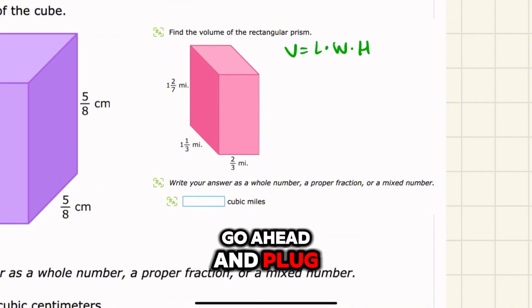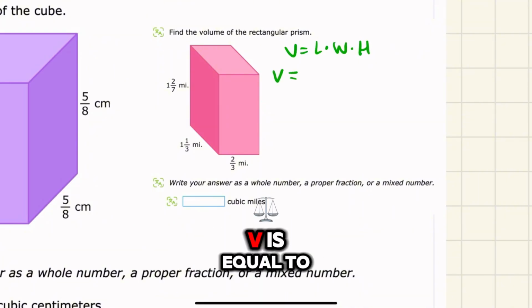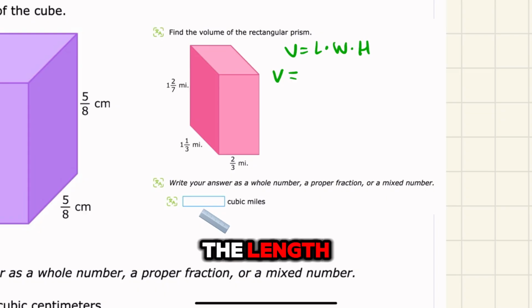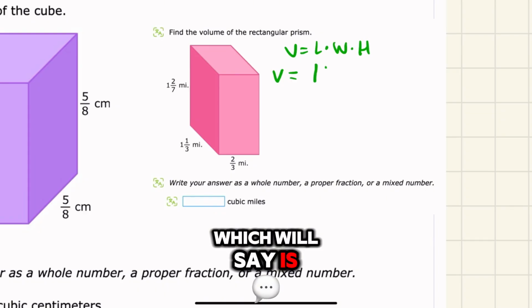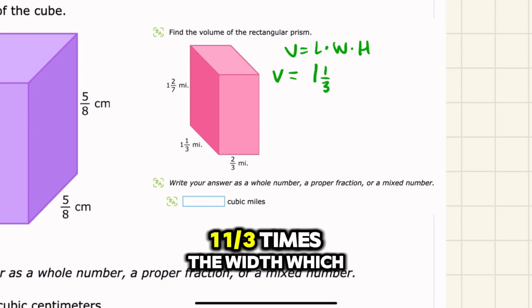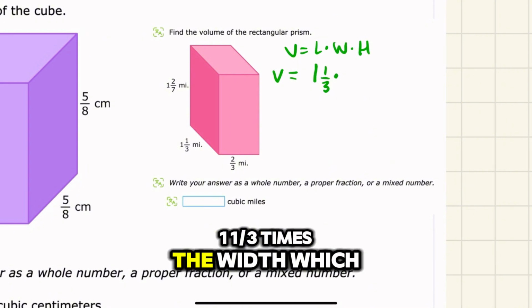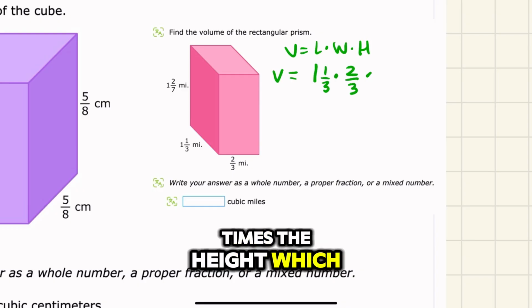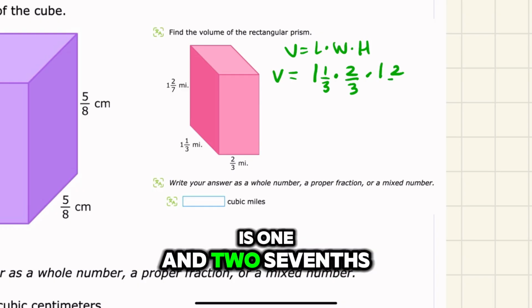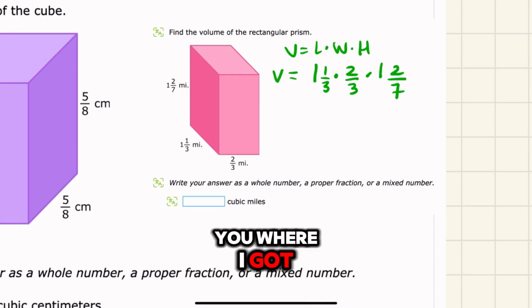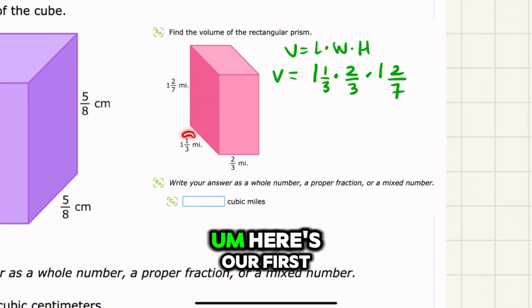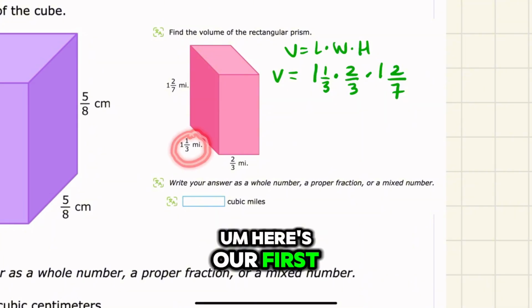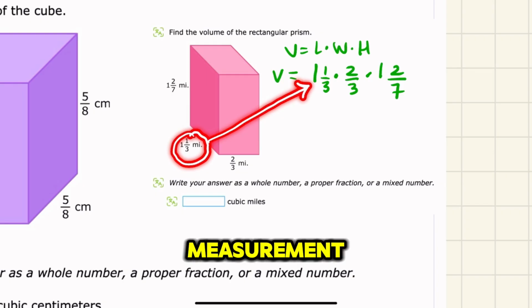And then we can go ahead and plug that in. V is equal to the length, which we'll say is 1 1/3, times the width, which is 2/3, times the height, which is 1 2/7. And just to show you where I got that from, here's our first measurement.